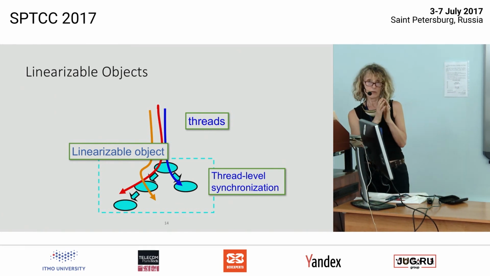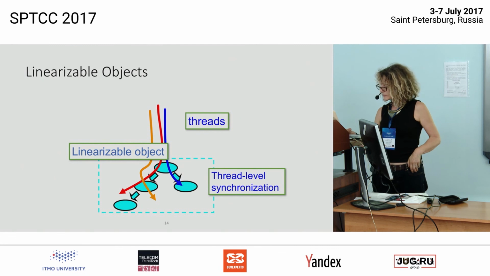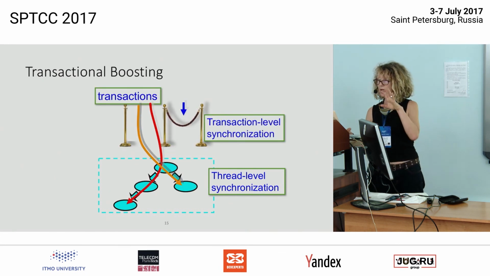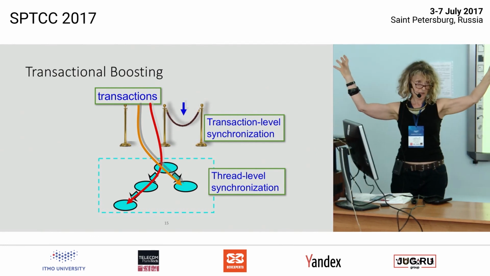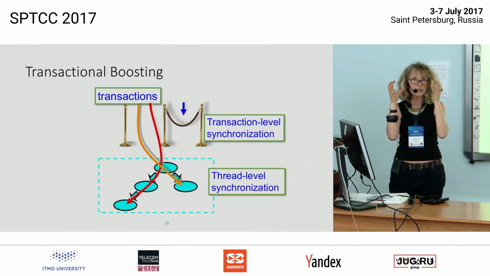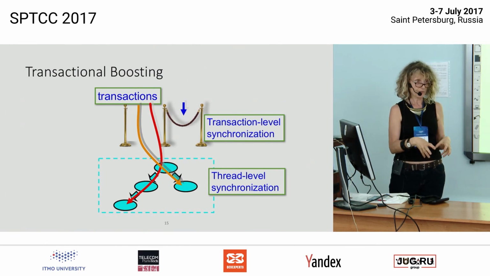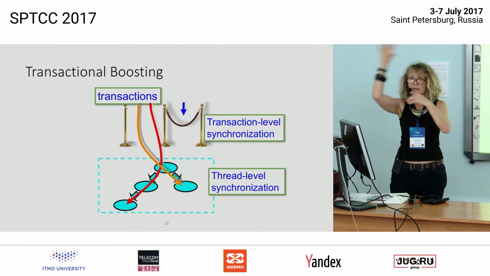Those are what I call, from now on, thread-level synchronization. Transaction-level synchronization happens above. It synchronizes operations of the data structure, right? They are not the same level. I want to really distinguish them.